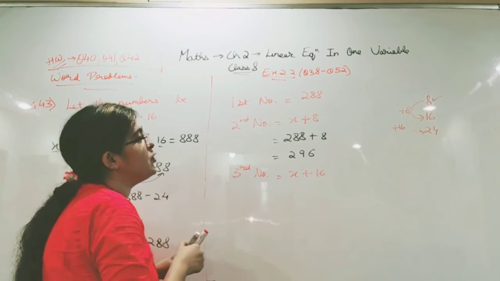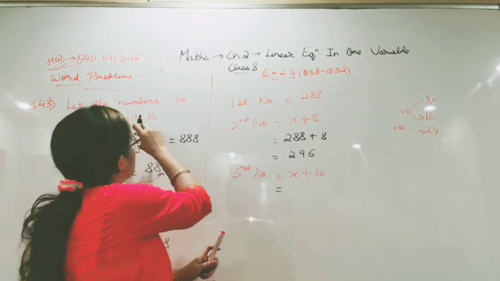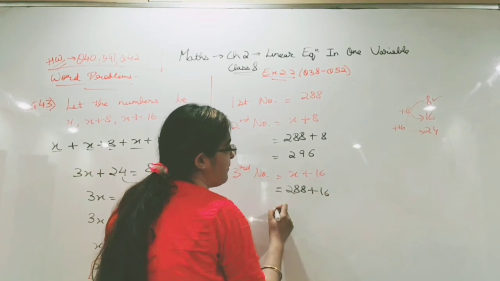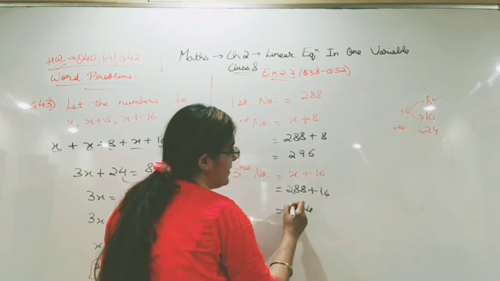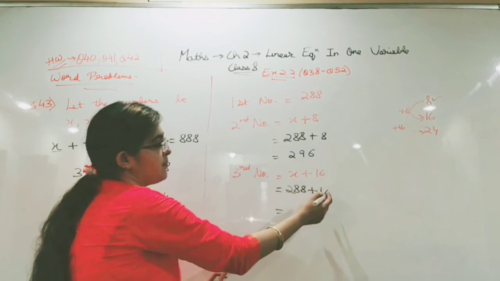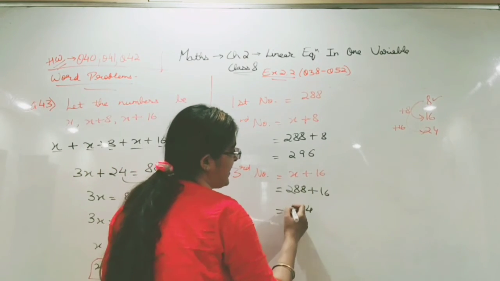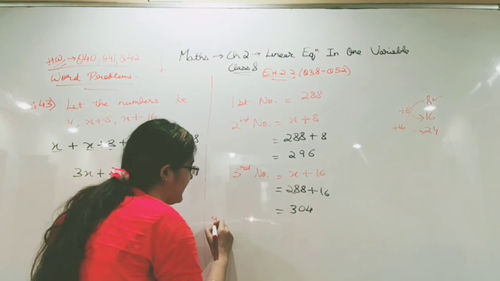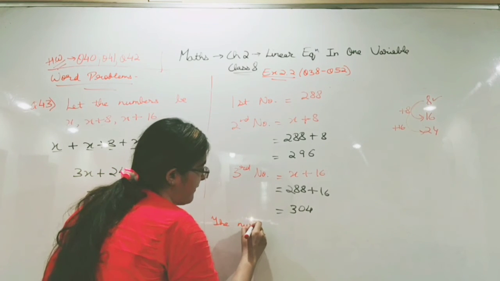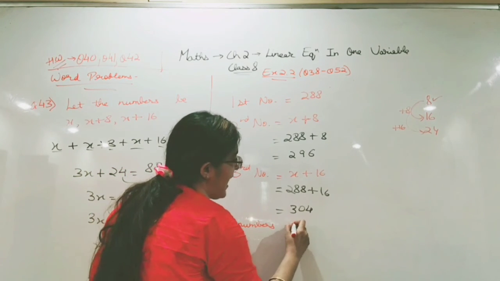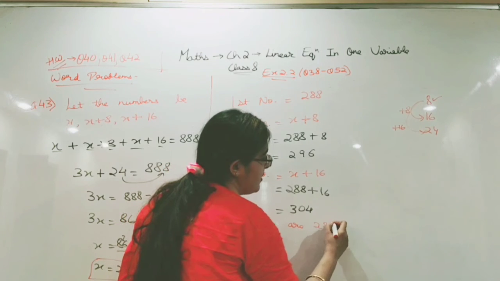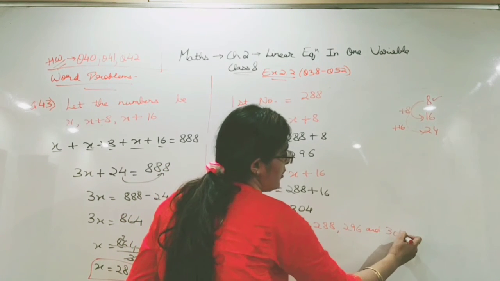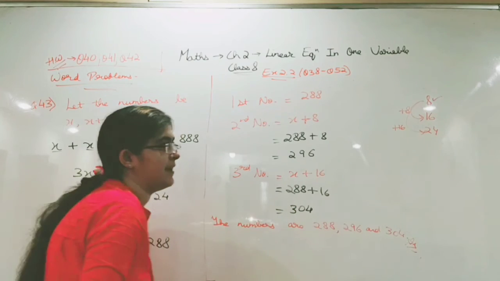That means 288 plus 16. What will be the answer that we will get? 8 plus 6, 14, 1 carry, 10, 3, 0, 4. So finally what we will write? The numbers are 288, 296 and 304. Okay students, this is your answer.